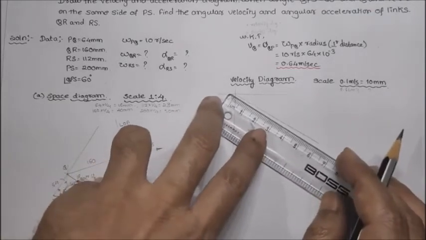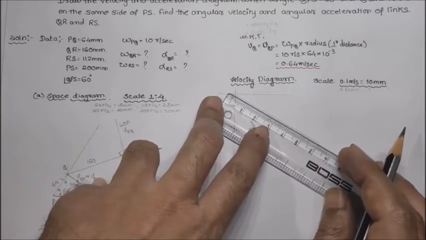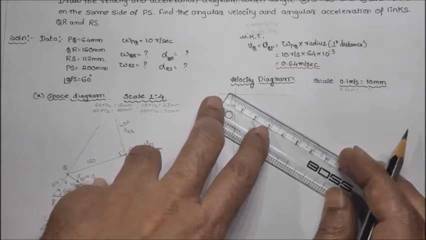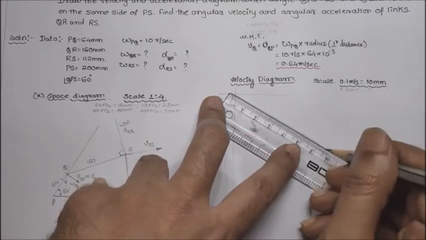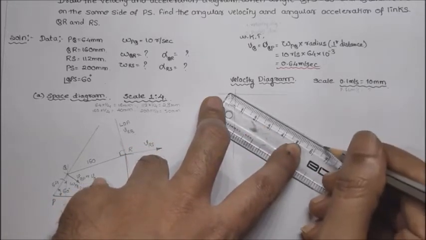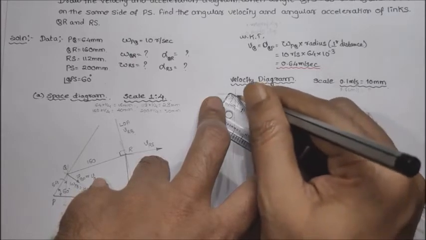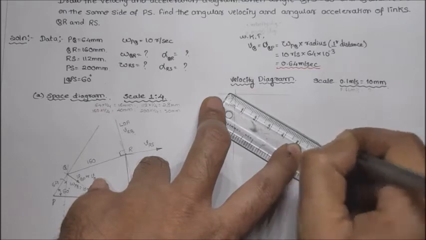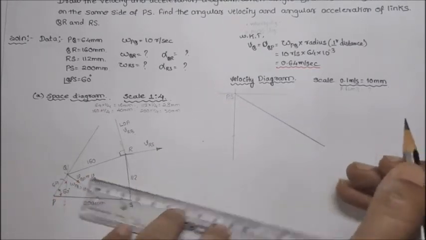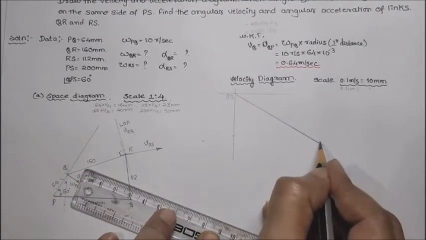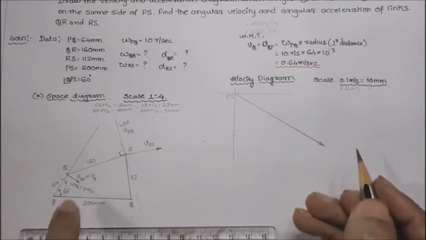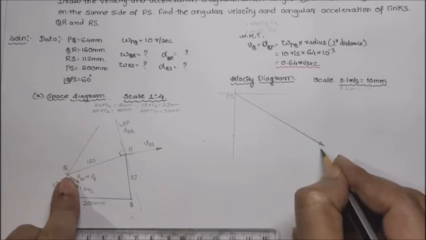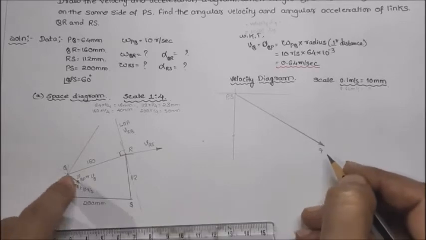So we'll measure from here a magnitude equal to 64 mm. So this will be the point. This is with respect to Q, so hence we'll label this one as q.